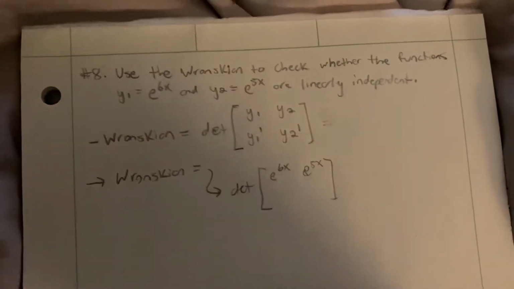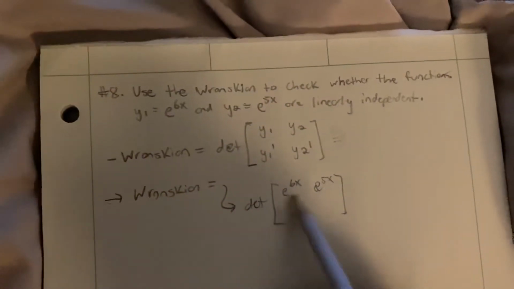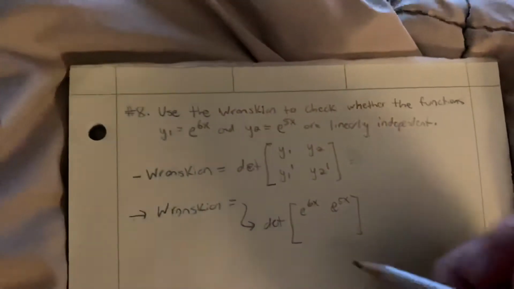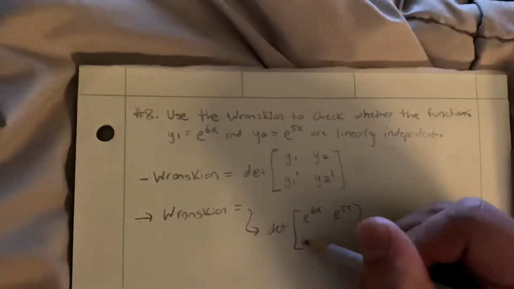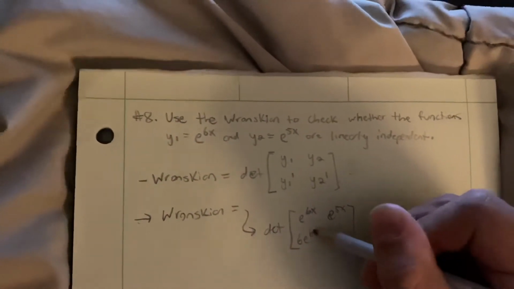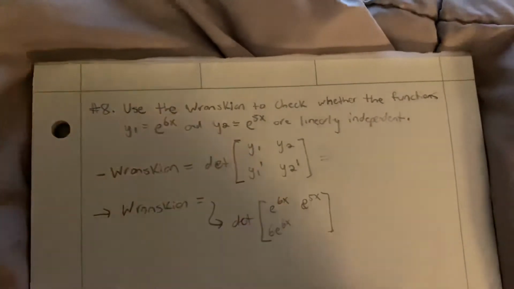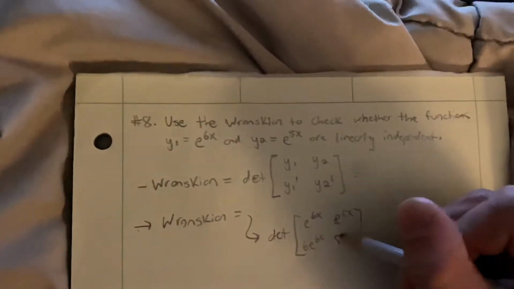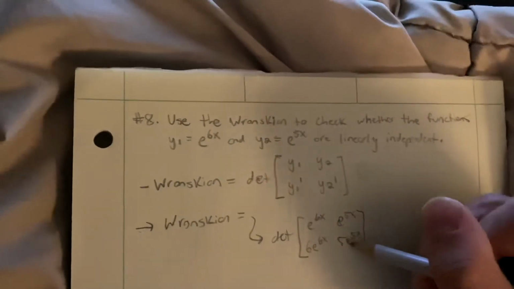Sorry for my bad handwriting. The derivative of e to the 6x is going to be 6e to the 6x, and our derivative for e to the 5x is going to be 5e to the 5x.